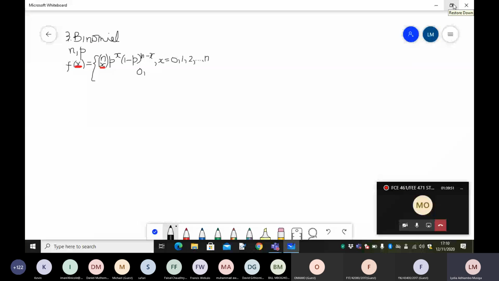So expectation of x is given by np, and var x is given by np into 1 minus p.